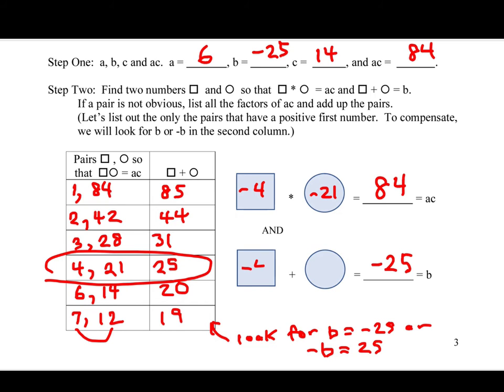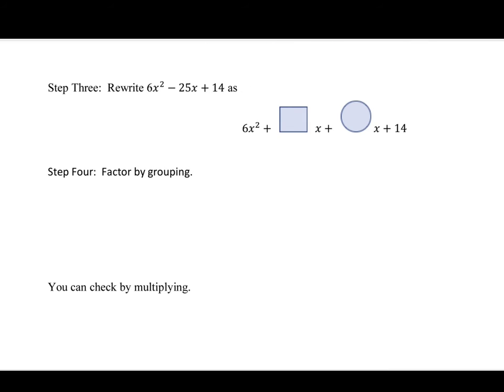So we're going to put those in the spots, and we're going to verify that they work. So they multiply to positive 84, and they add to negative 25. So that is the pair of numbers that I want. I want negative 4 and negative 21. So my numbers were negative 4 and negative 21.